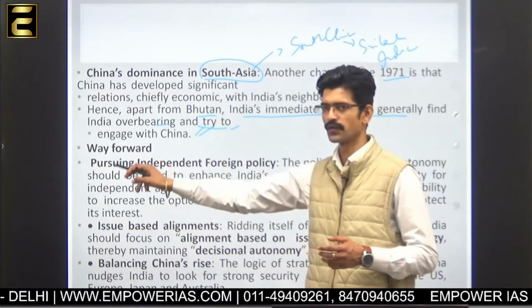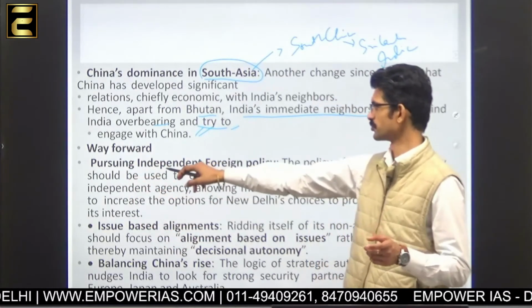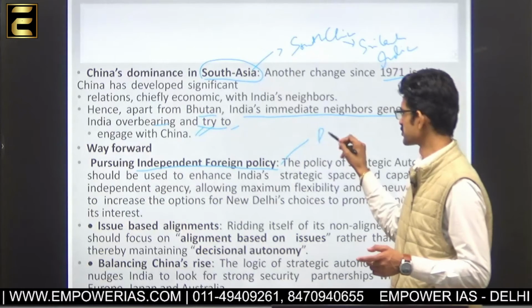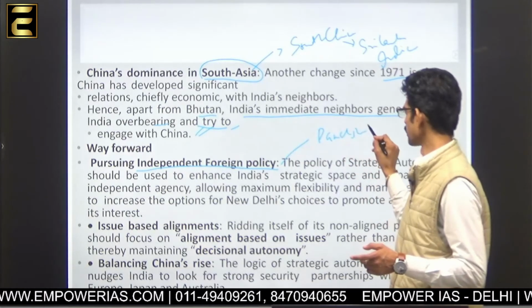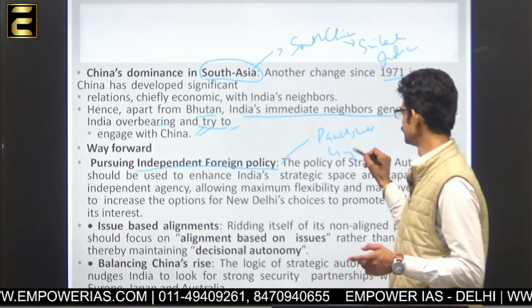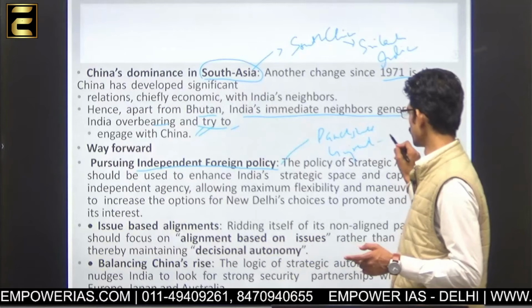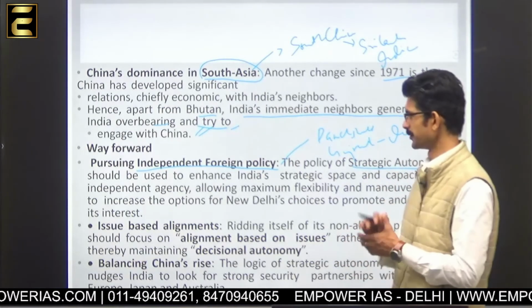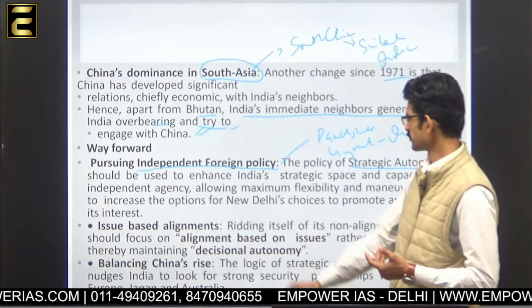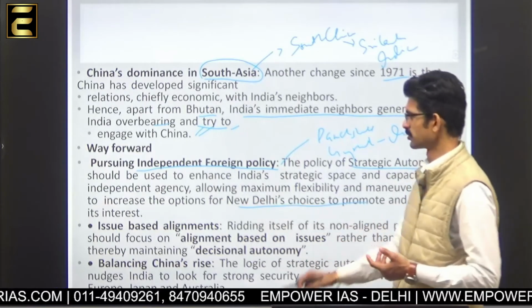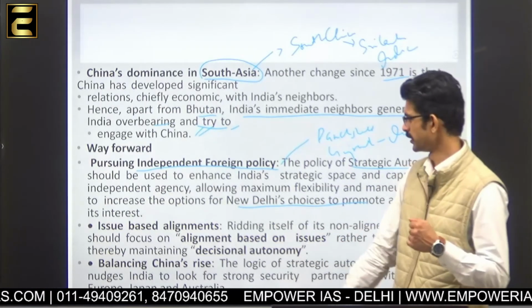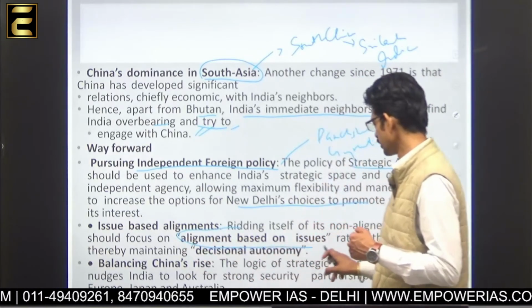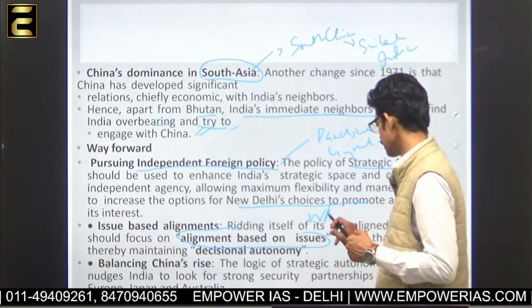And what is the way forward? The way forward is pursuing an independent foreign policy with Panchsheel and the Gujral Doctrine. India also needs to have an independent foreign policy for strategic autonomy, and the option for New Delhi's choices to promote and protect its interests. Then issue-based alignment, that again comes as Non-Alignment Movement part 2.